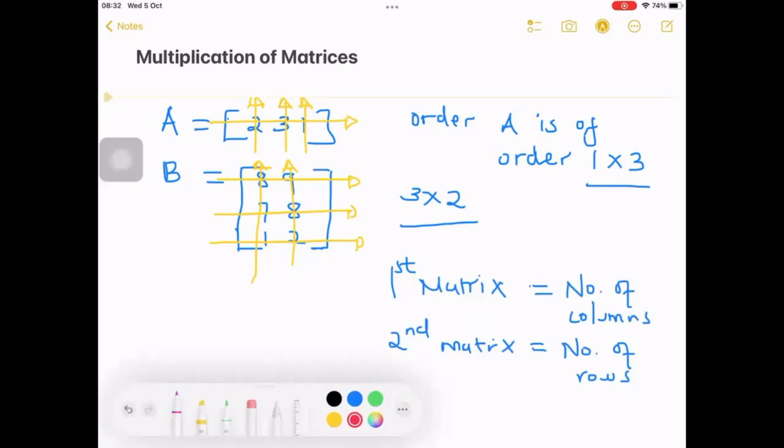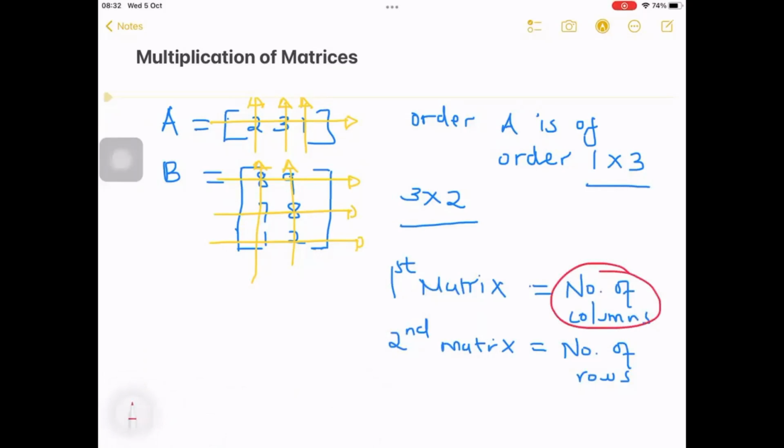If the number of columns in the first matrix and the number of rows in the second matrix are the same, then the two matrices can be multiplied.